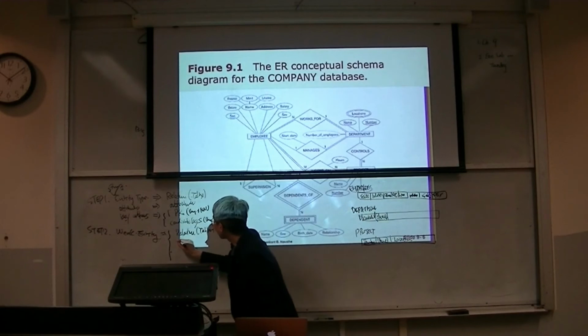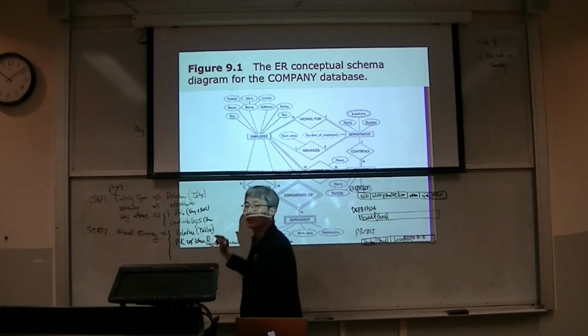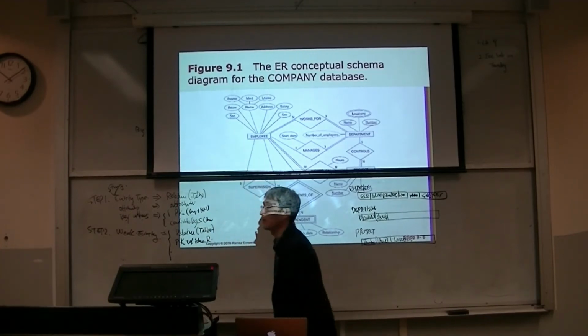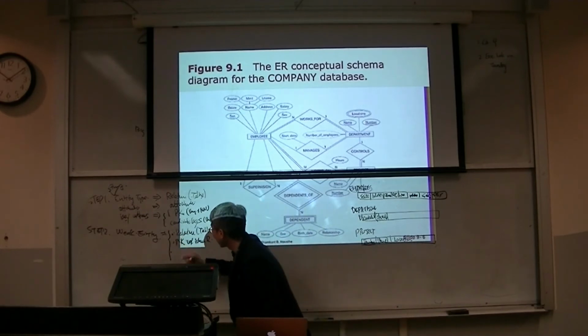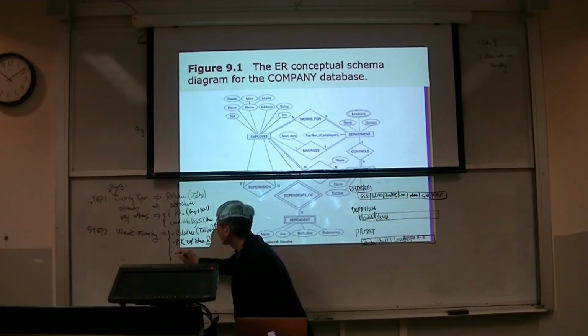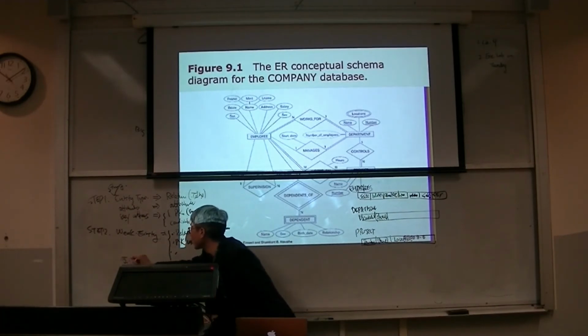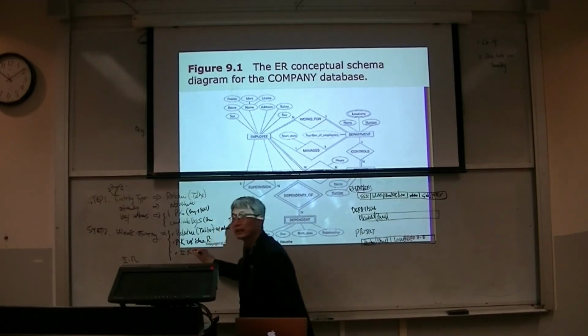So create the primary key with the primary key of the identifying relation. First create the relation with its own attributes, and the primary key with the identifying relationship. For the identifying relationship, we can create the foreign key.